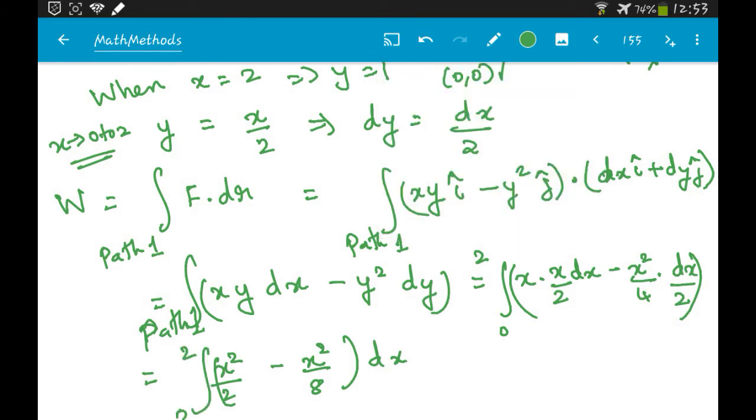By now you should know how to compute this integral. What is the value? x cube by 3 minus 1 by 8 x cube by 3.